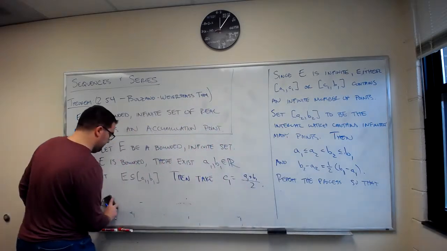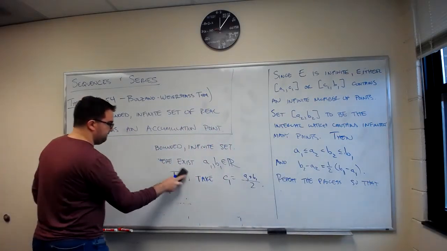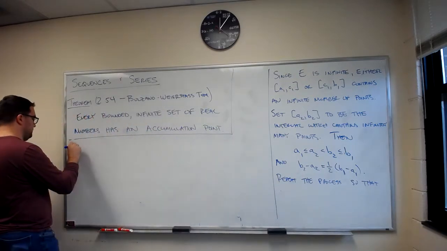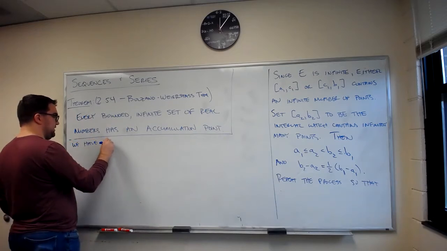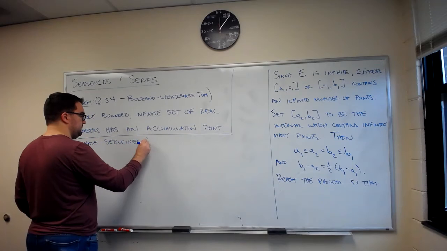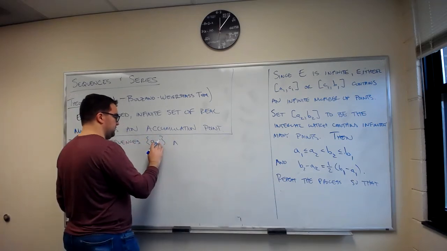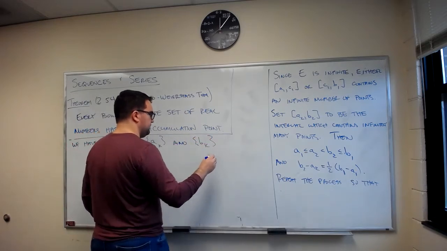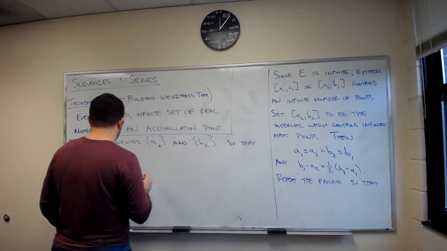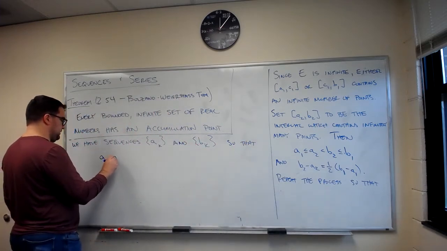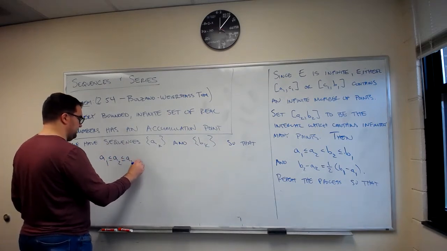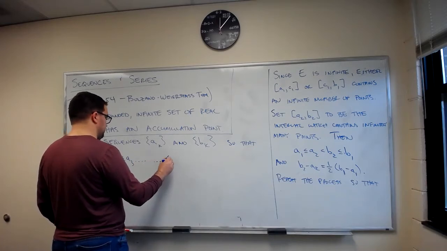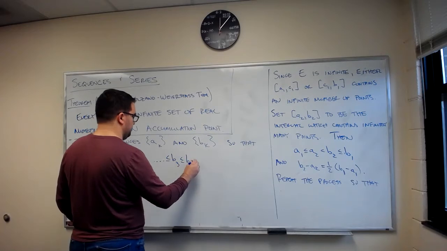Let me come back over here. We have sequences AK and BK so that A1 is less than or equal to A2, is less than or equal to A3, is less than or equal to B3, B2, B1.